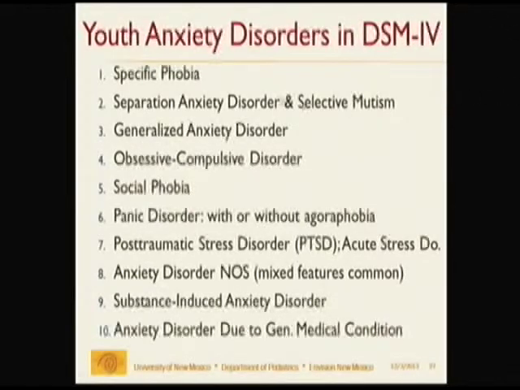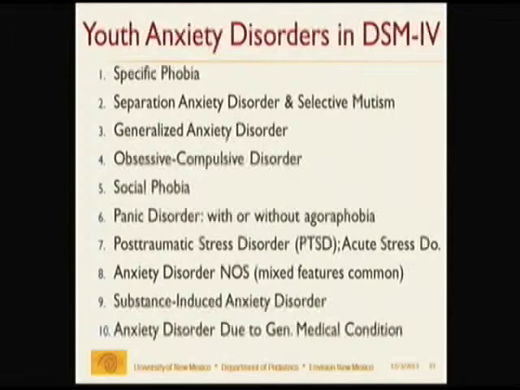Now in the DSM-IV, separation anxiety disorder and selective mutism are purposely shown here as number 2, and they are in a separate section of the DSM-IV, separate from the other anxiety disorders listed here. This is a grouping under the child and adolescent disorders in the DSM-IV: disorders usually first diagnosed in infancy, childhood, or adolescence.